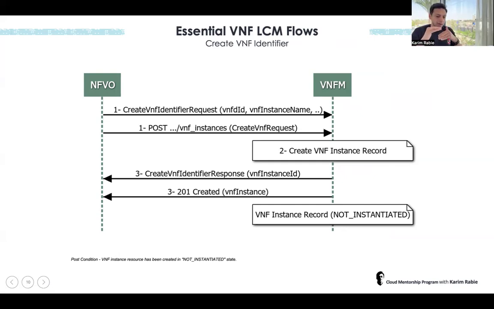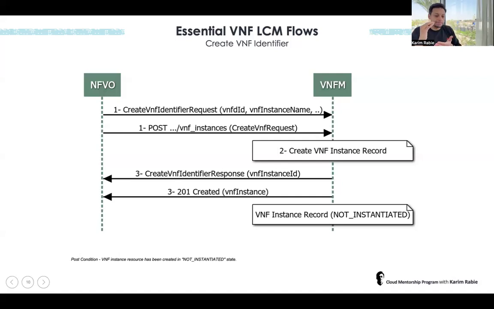Both systems, the NFVO and the VNFM, have connectivity and access to the VNF catalog, so both can read and see the VNF. Now I'm going to show you how the VNF is instantiated. It is somewhat informative. You can go to ETSI NFV and see the exact bits and bytes, but this is just to give you the overview.